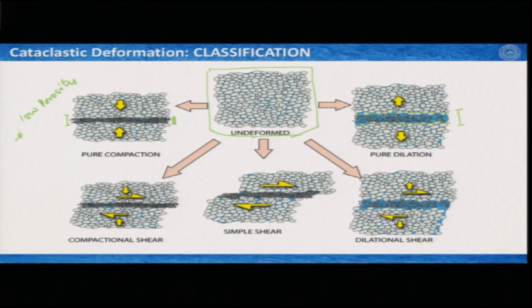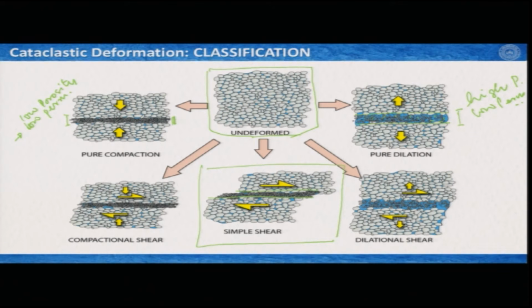So, clearly here this area is of low porosity and therefore most likely of low permeability, but here it is essentially high porosity and low permeability. But if the shear comes into the picture, which is this one, which is simple shear, it also produces something like that where you reduce the porosity and permeability.